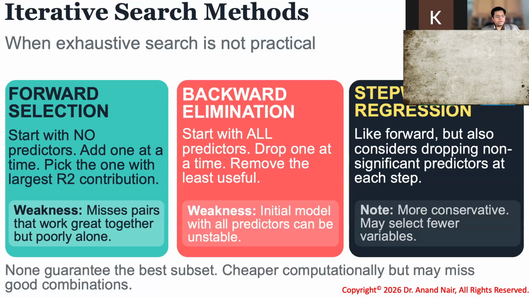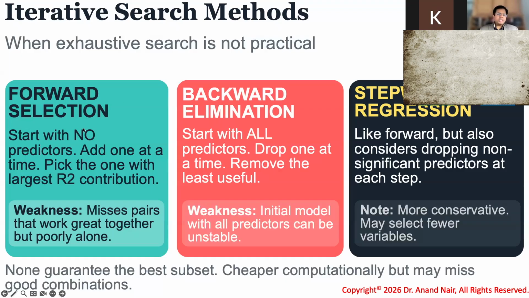So for example, high income family and well-educated background of the family, both combined together can predict something as an outcome better than high income by itself. So that's sometimes necessary to include both of these variables at the same time together, and that's something which forward selection cannot do because we are doing one variable at a time. So that's a drawback. We have to be aware of that.